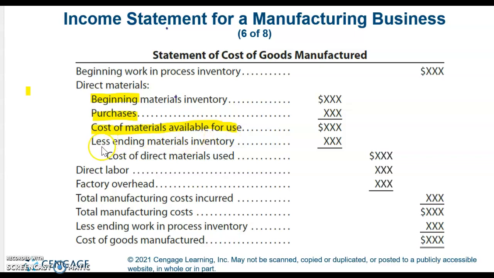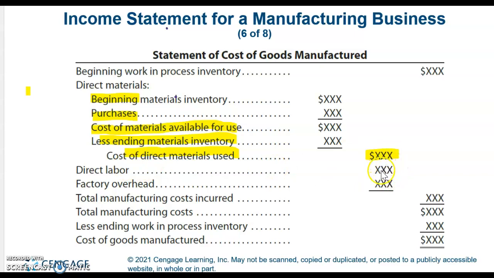Then you're going to subtract out your ending materials, and that's going to tell you the cost of direct materials used. So now we know how much we used. What was there plus what we purchased gave us what was available, minus what's still there gives us what we used. So there's my direct materials used number.